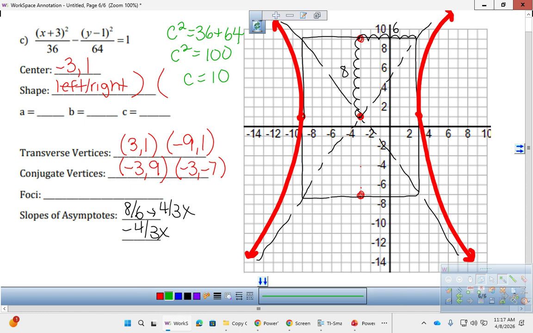So I'm going 10 in each direction. 1, 2, 3, 4, 5, 6, 7, 8, 9, 10. So that's 7, 1. And this is the part that did not work on your page. 1, 2, 3, 4, 5, 6, 7, 8, 9, 10. Negative 13, 1. And that is how we graph a hyperbola.